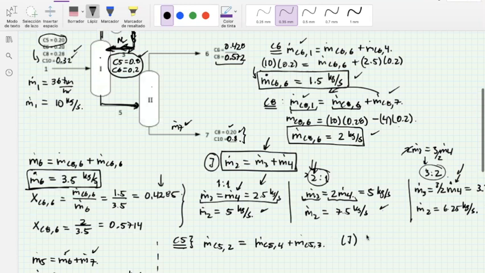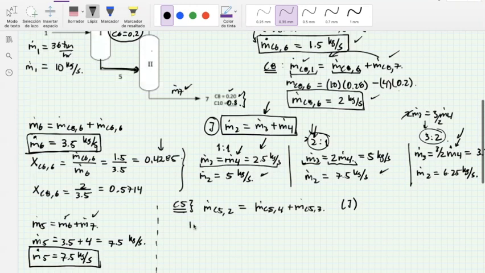So this is happening at the junction, okay? Let me see if I can find certain things. This one means it's just M2 times the composition of C5 at 2. This one means it's just M4 with the composition of C5 at 4. Plus, you know the drill, right? Oh, M3 and this XC5 at 3.